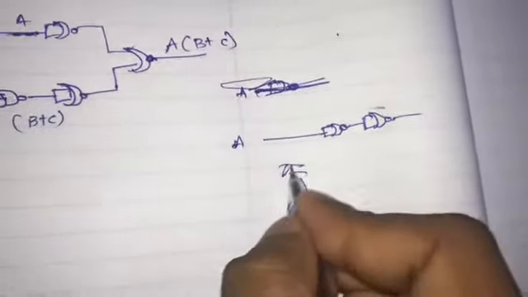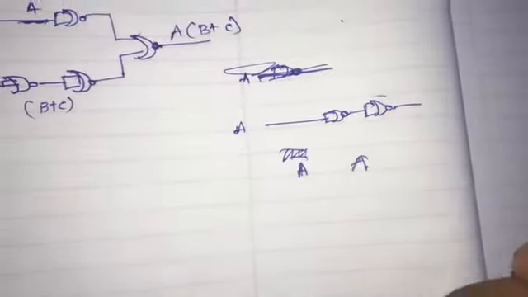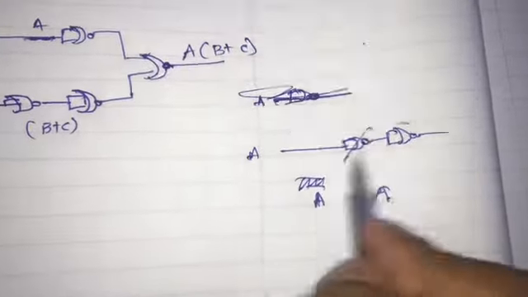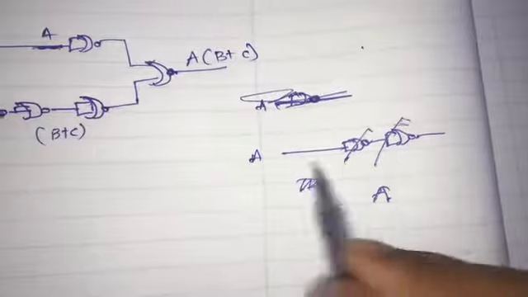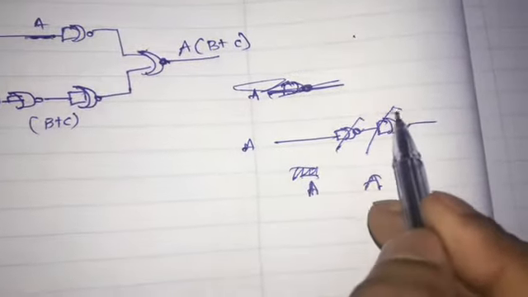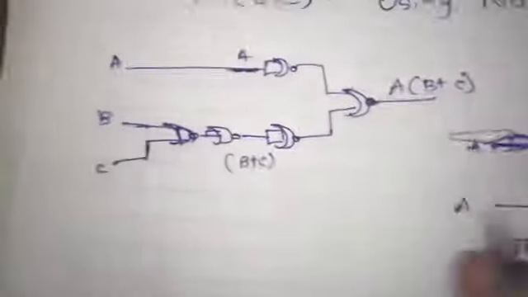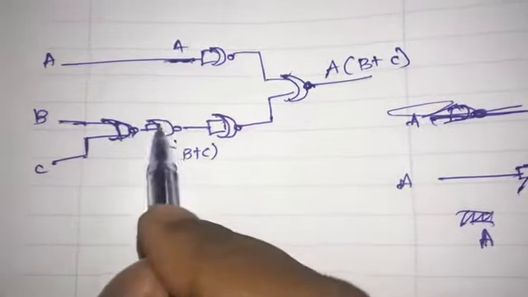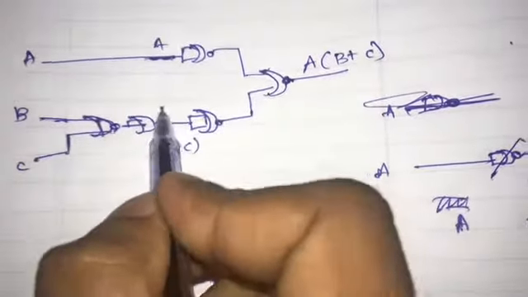So you can cut off the two bars and just say A. That means if there's two gates of the same kind repeating in the same wire, you can just cut them off.